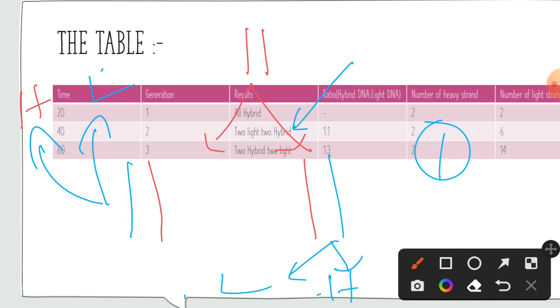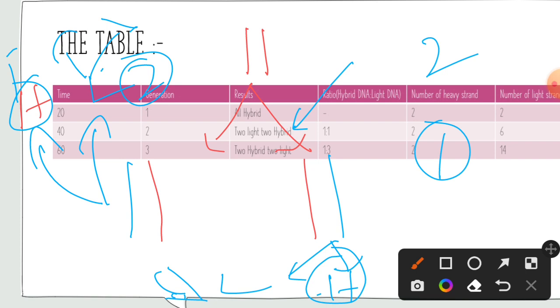Sorry, and this is the end of the second generation. We are doing it right. Then from that light we will get 2 light more, and from that we will get again 2 light more, right? And from hybrid, we will get one hybrid, one light, one hybrid, one light, right? So from here we are getting 2 light, and here we are getting 4 light. So 4 plus 2 will be 6, right?